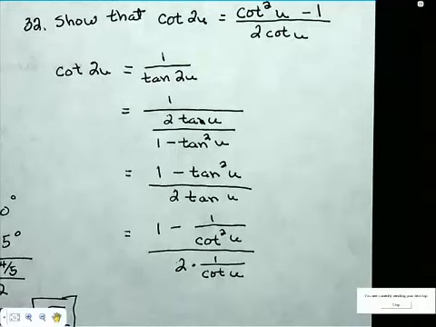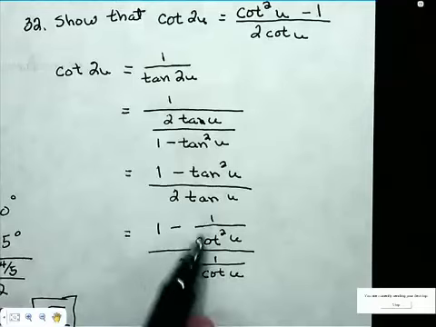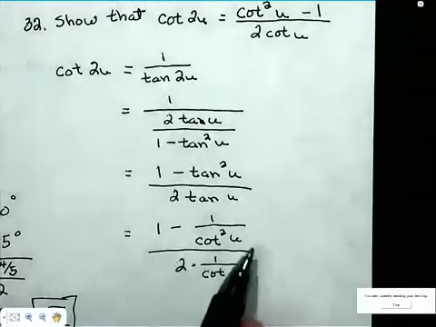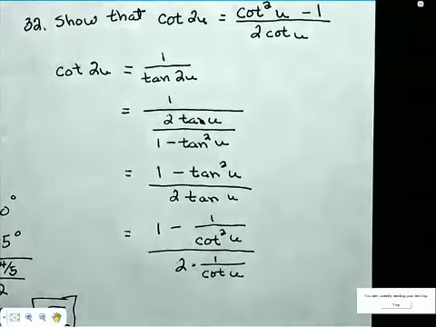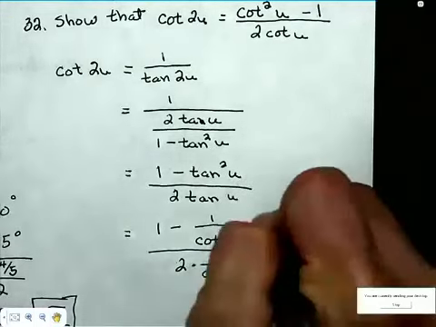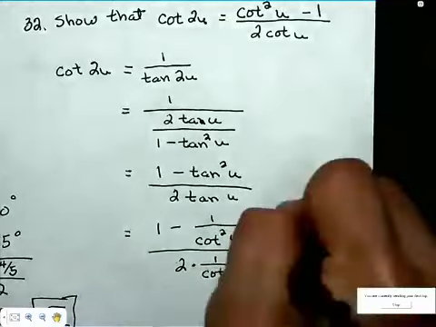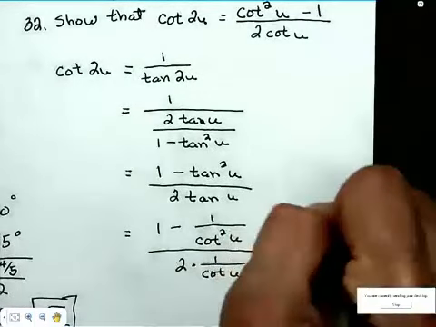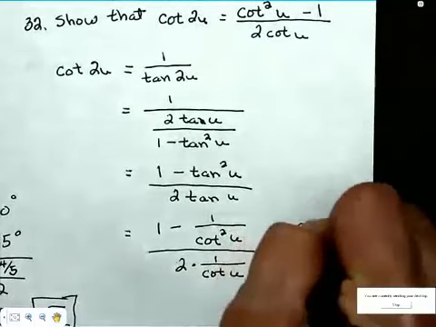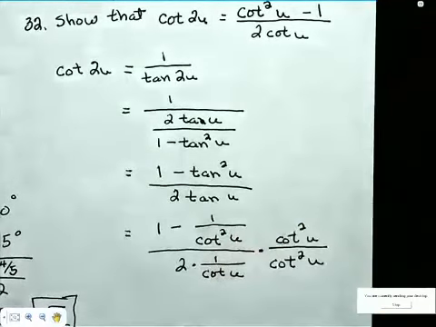You can either get a common denominator and add those two terms in the numerator, or the way I prefer to clean up complex fractions is multiply both the numerator and the denominator by the LCD of the baby fractions. The LCD is cotangent squared. So I would multiply both numerator and denominator by cotangent squared.